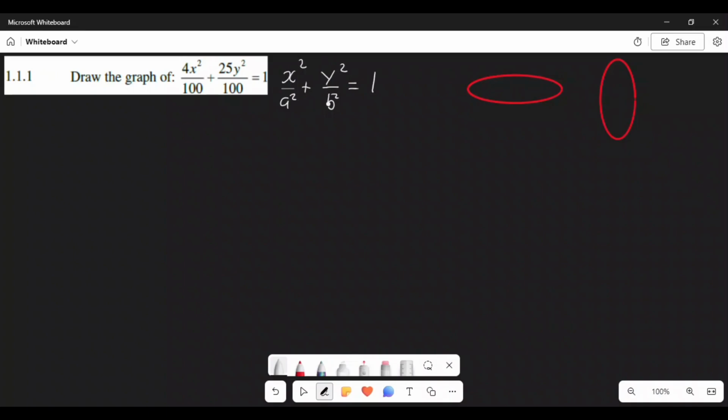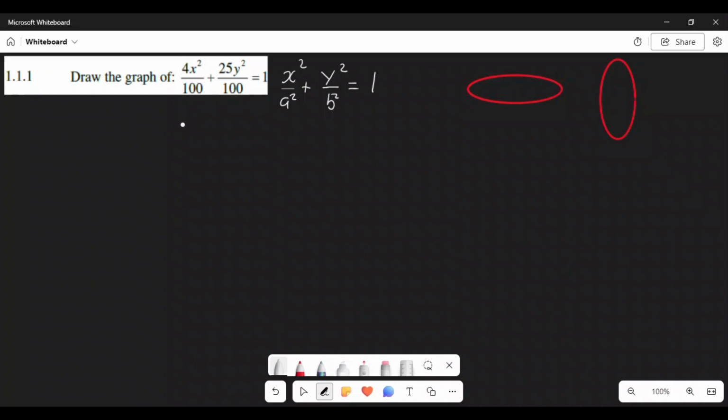This is the general formula for the ellipse. All you need to know guys is that a is the intercept of x, and b is the intercept of y. As you can see, the equation given to us here still has coefficients on x and y. You need to get rid of these coefficients in order for us to draw this graph. What's nice about this is that we can simplify it.